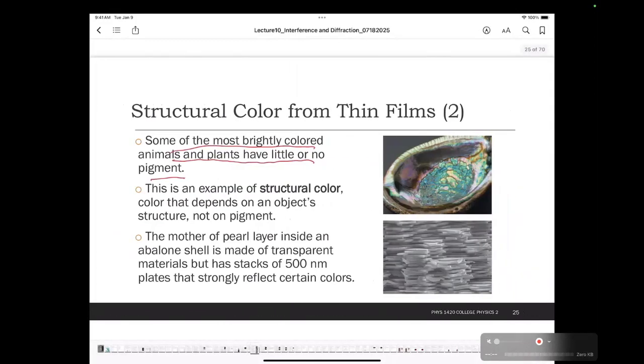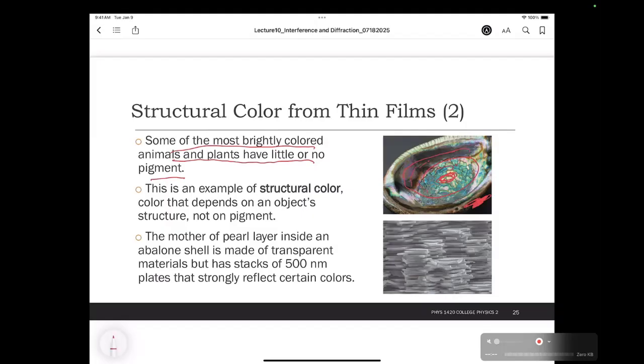So some of the most brightly colored animals and plants have little or no pigment. For example, this hamster, there is no color here. This is an example of structural color, a color that depends on an object's structure, not on pigment.